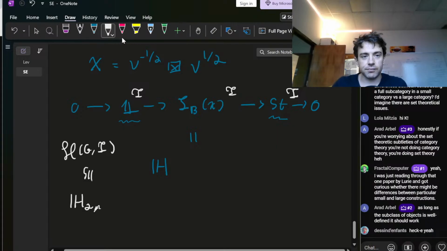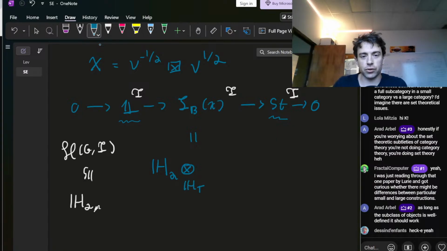For GL2, this should be tensoring over the torus, taking the module corresponding to the character of the torus.